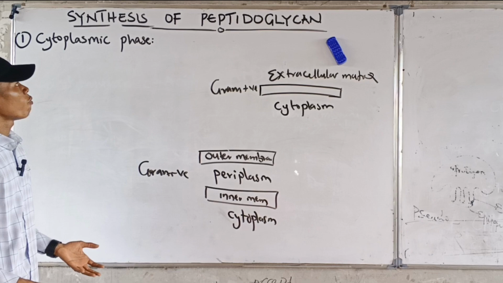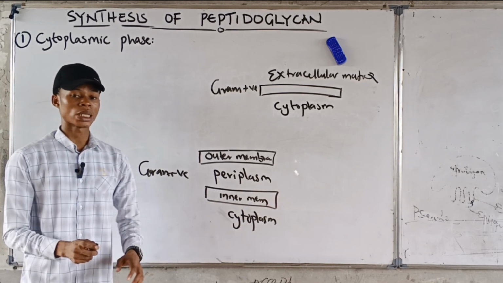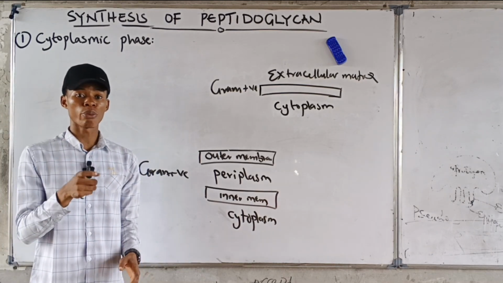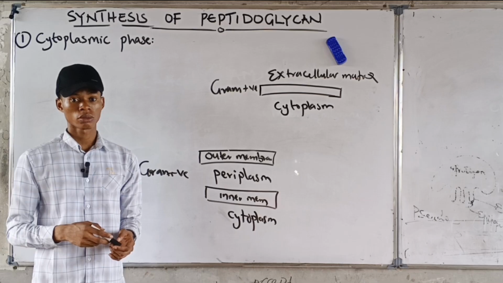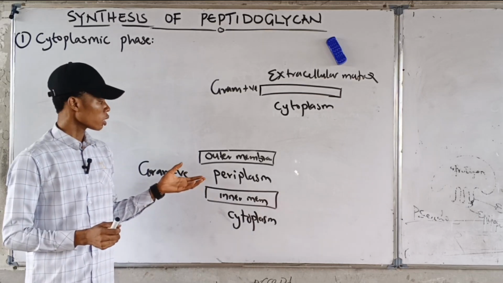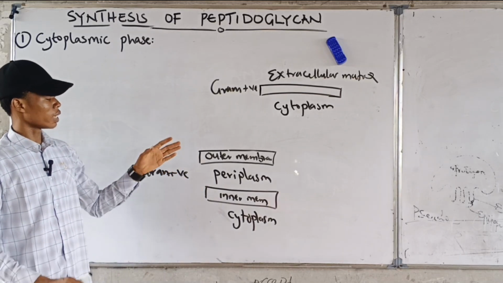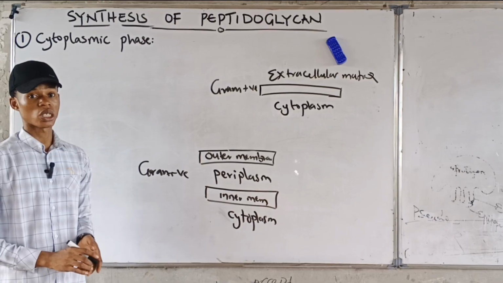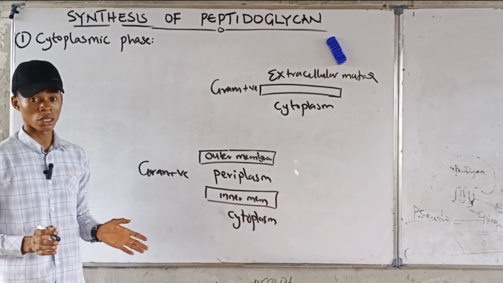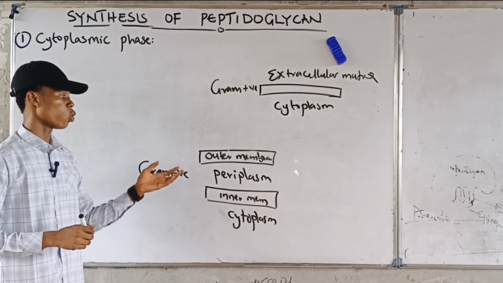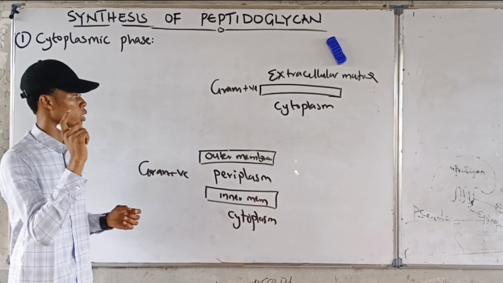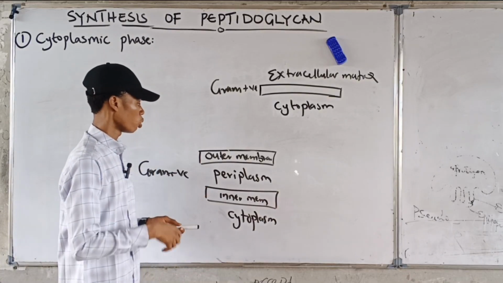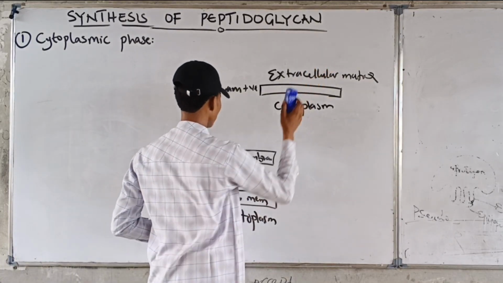Now, remember we've said that peptidoglycan is a major component of the bacterial cell wall. The synthesis of peptidoglycan in gram-positive and gram-negative bacteria is basically the same thing. As we go on, I'll tell you the difference between them, but they are based on the same principle.